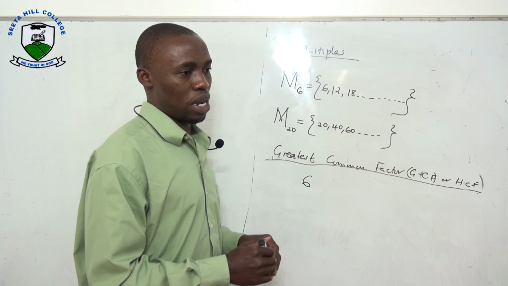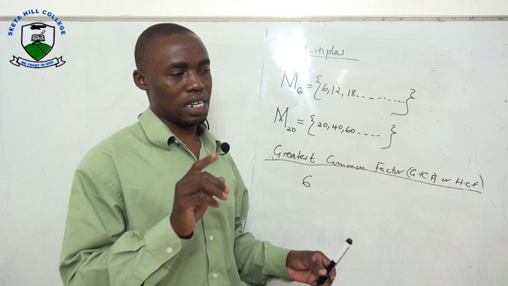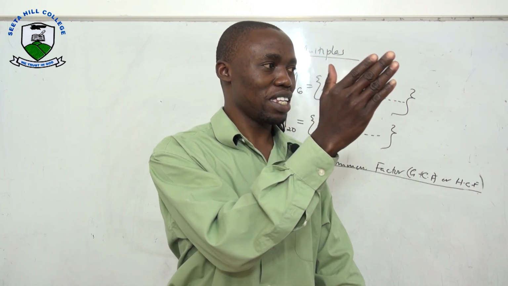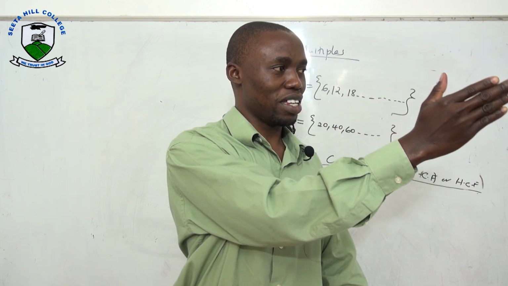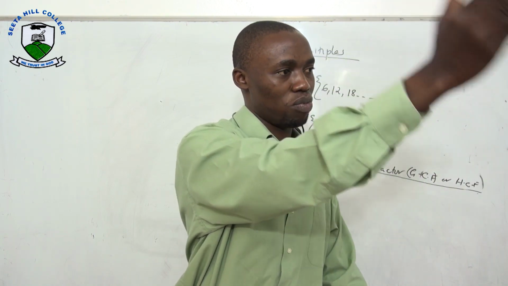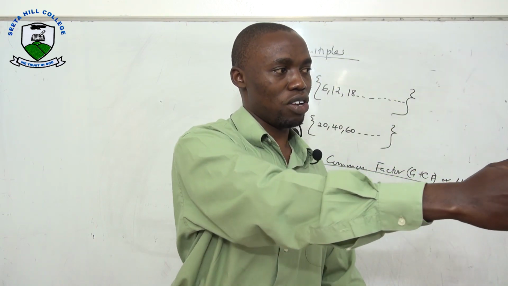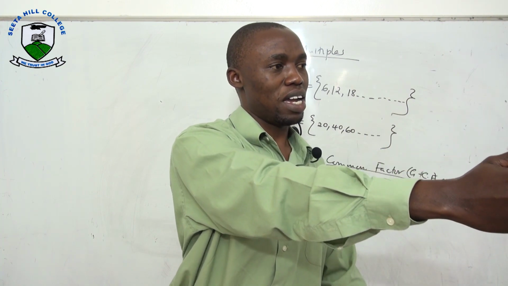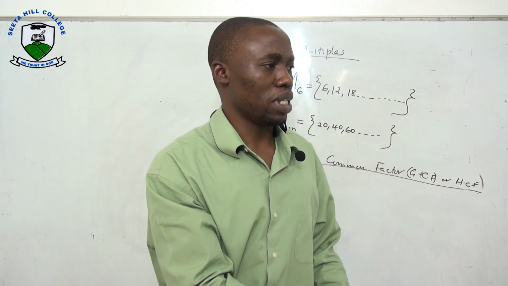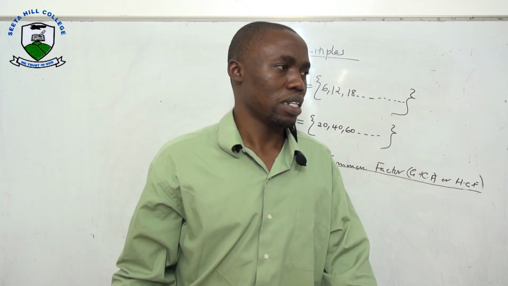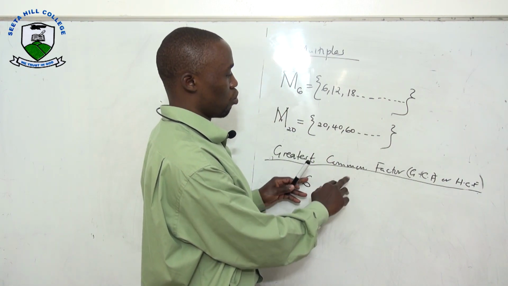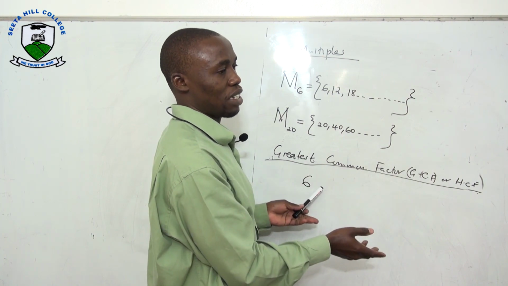That's why if a question is said, if maybe you are going to give me 2,000 shillings, and you're also going to give me 3,000, and you still have more money, what is the greatest amount that each of you can give me? That splitting of items is breaking it into factors.